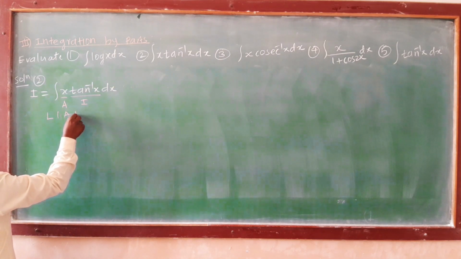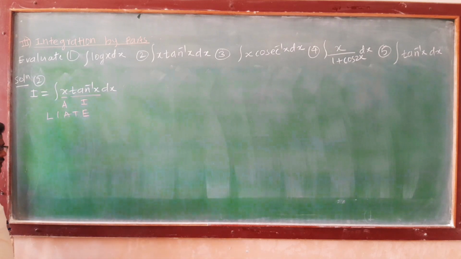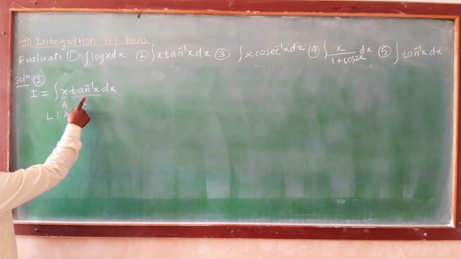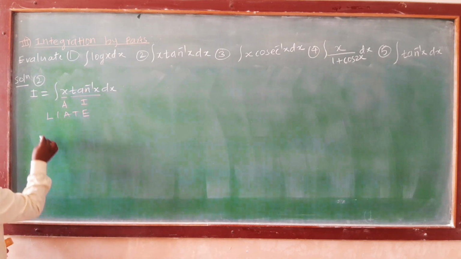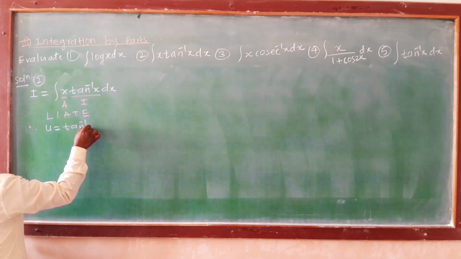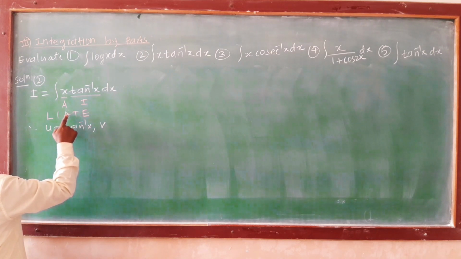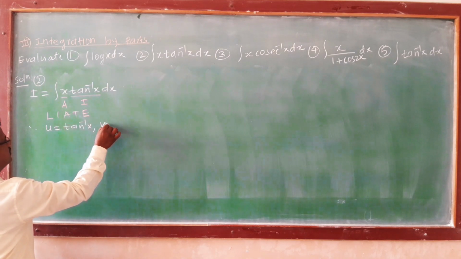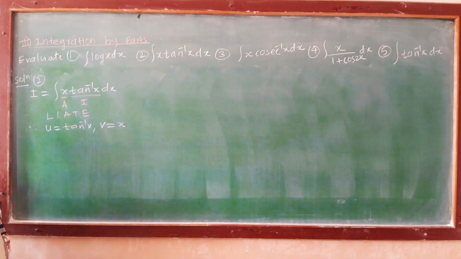Now, by this order LIATE, I is first, so call this tan inverse x. Therefore, choose u is equal to tan inverse x. And v means the algebraic function, the second function, which is equal to x.